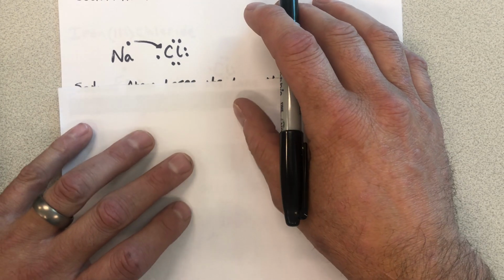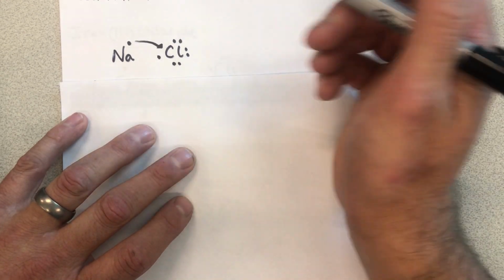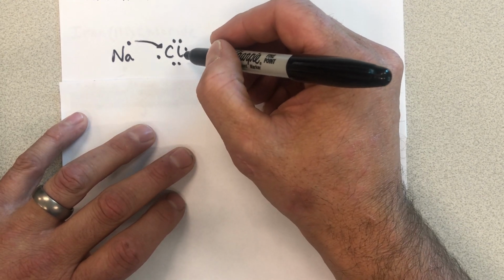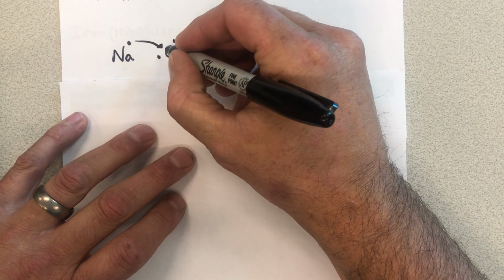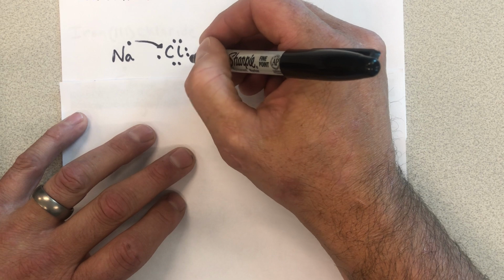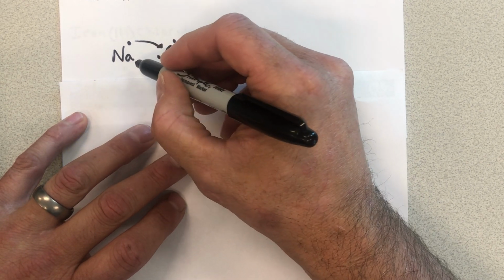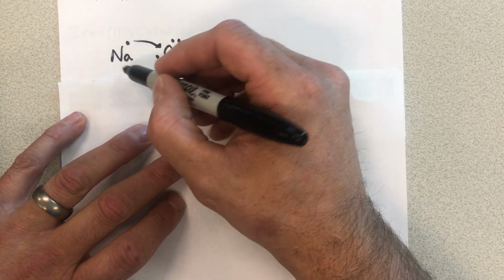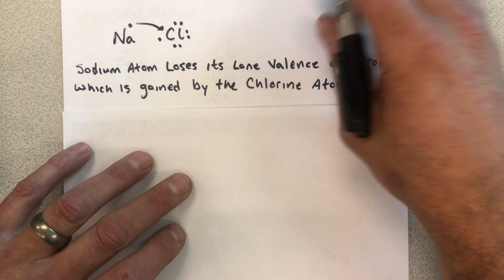And so basically what happens is that sodium, we know that it wants to lose an electron, and it doesn't lose it to nowhere. It loses it to an atom that wants to gain an electron, like chlorine, right? And so by gaining the electron, chlorine is able to fill its valence shell with 8 electrons, and sodium is able to lose its valence shell, which uncovers the second energy level with 8 electrons, and that makes a stable compound.